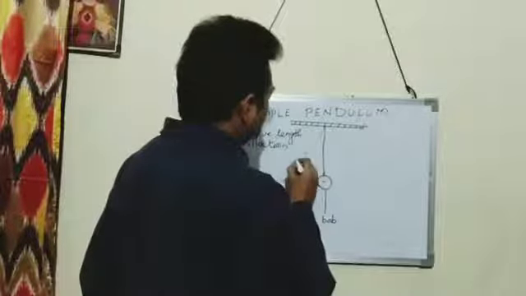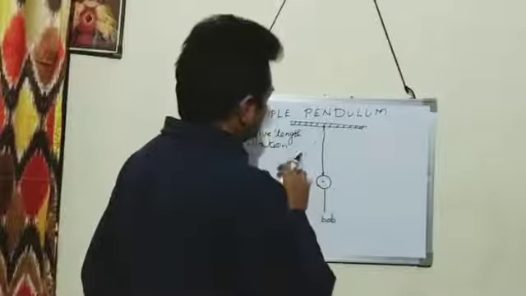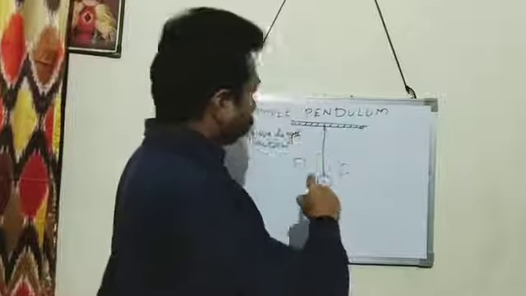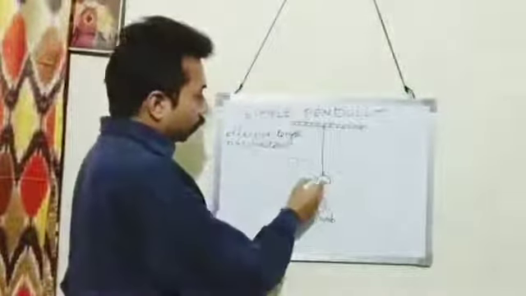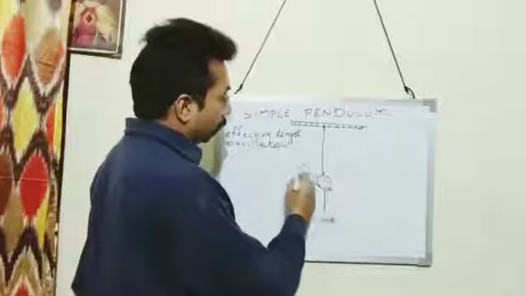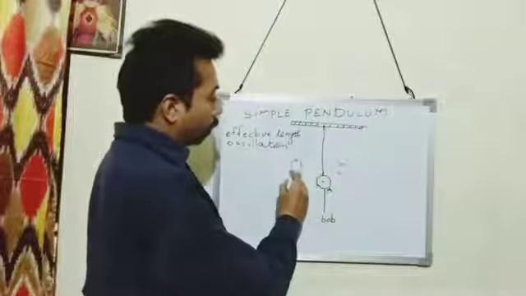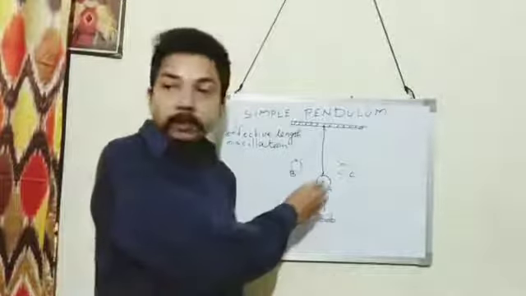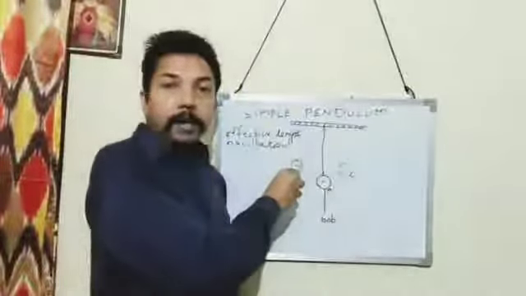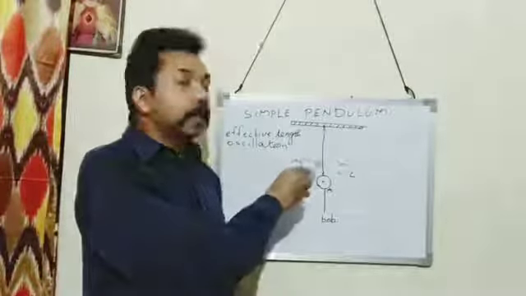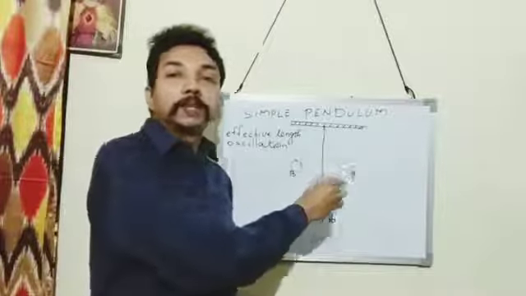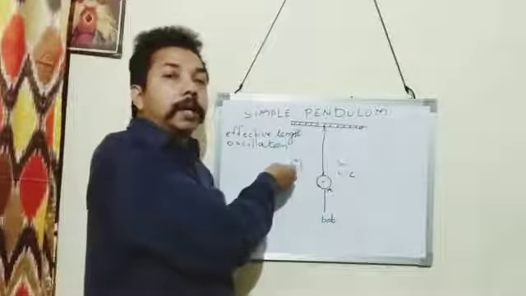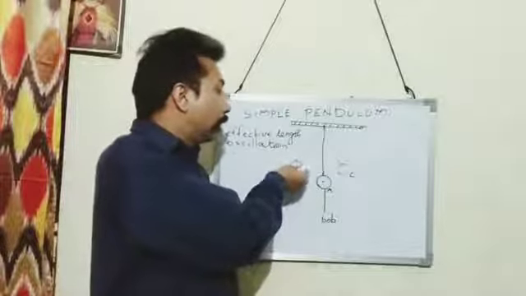Suppose the mean position is marked as A, the extreme left position as B, and the extreme right position as C. We take this bob to the left extreme, then leave it.